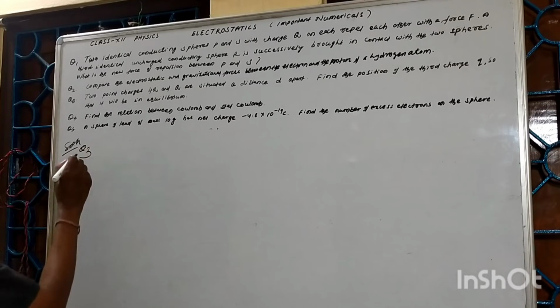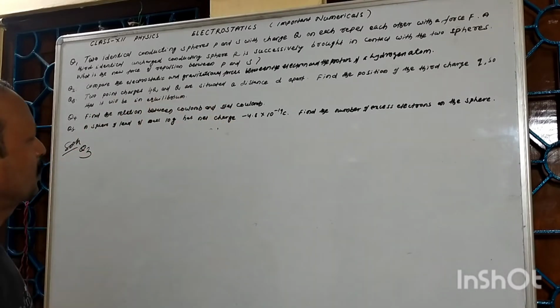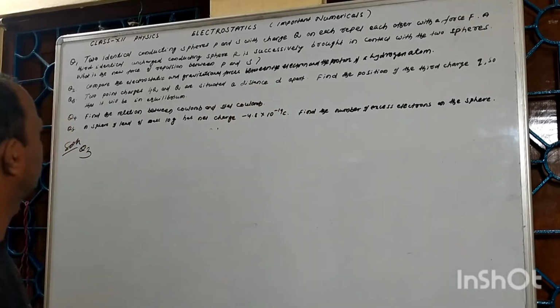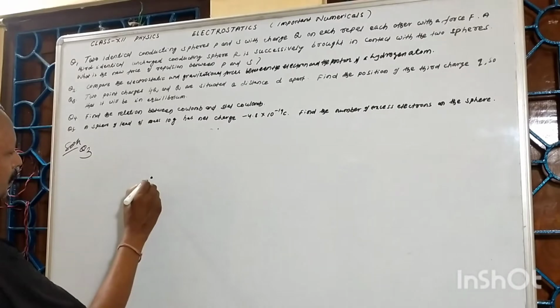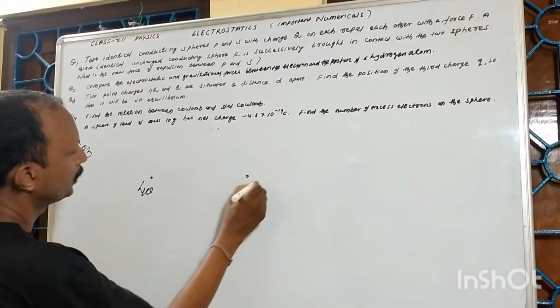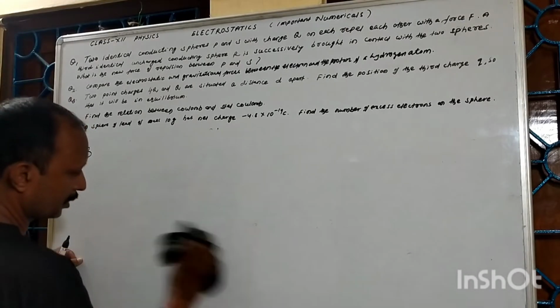Question number 3. 2 point charges 4q and q are situated a distance d apart. That means here is the 4q, here is the q.